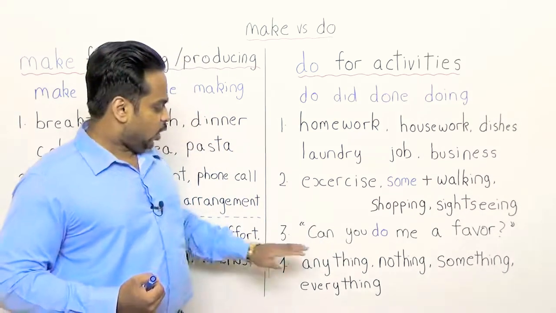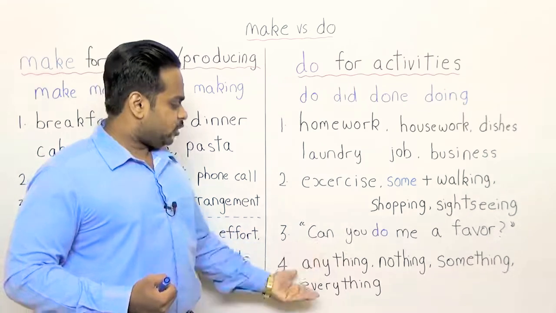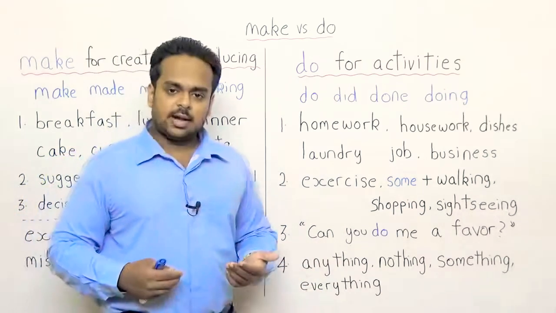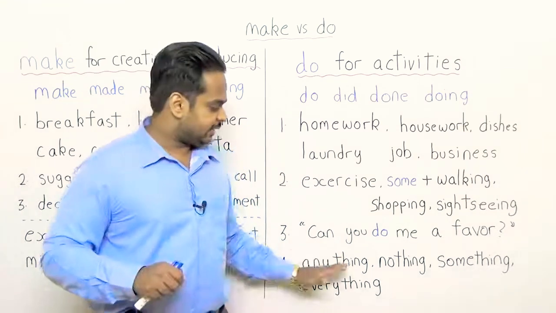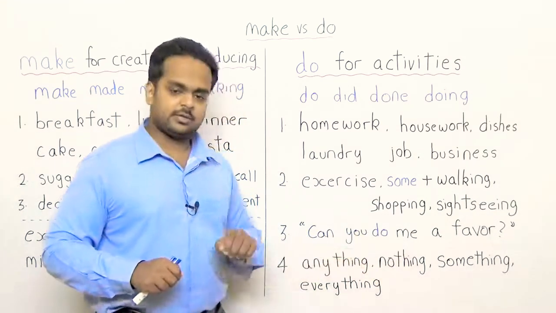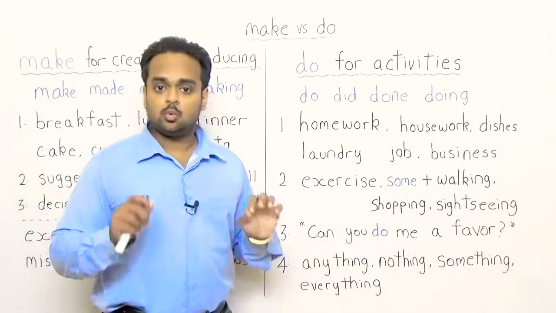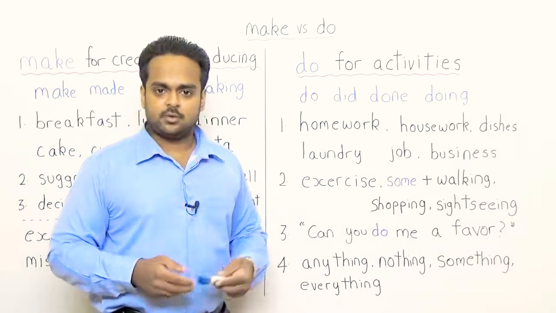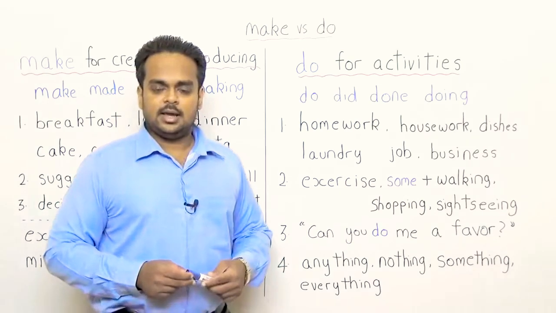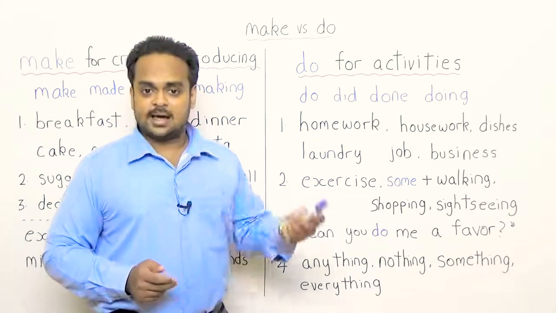And finally, with any of these words, and all of these talk about activities in general without being specific. Anything, nothing, something, everything, etc. With all of these, we only use do. For example, let's say you meet a friend and you ask that friend, "Hey, what are you doing on Saturday?"